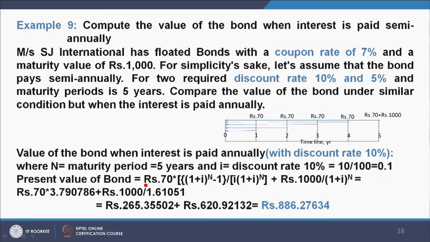The present value of the bond is 70, the interest per year, taken as an annuity and converted into present value, and this 1000 which we get after 5 years is also converted into present value. When we add the two present values, it comes out to be 886.27634.